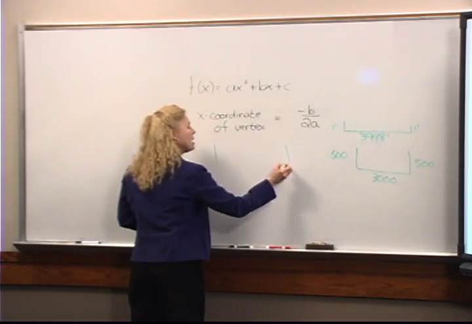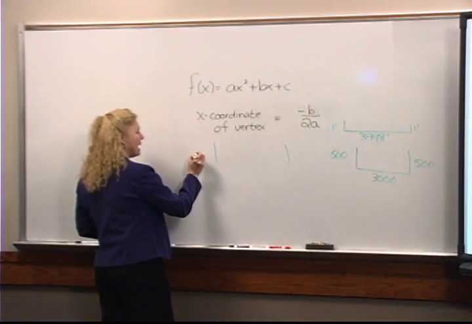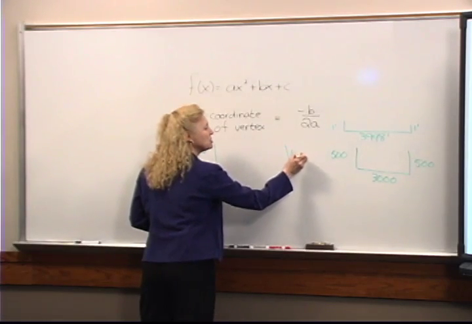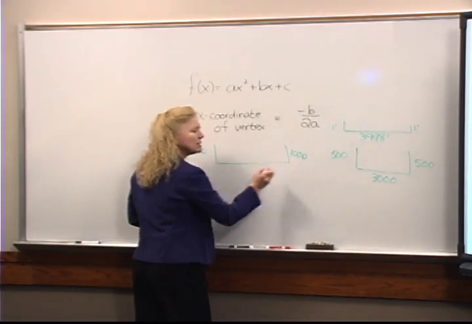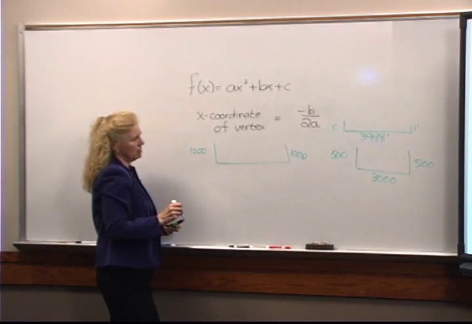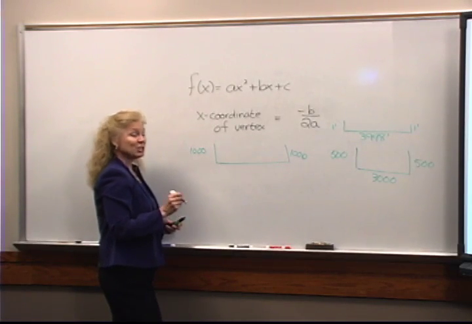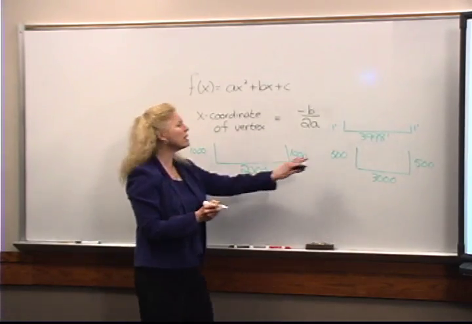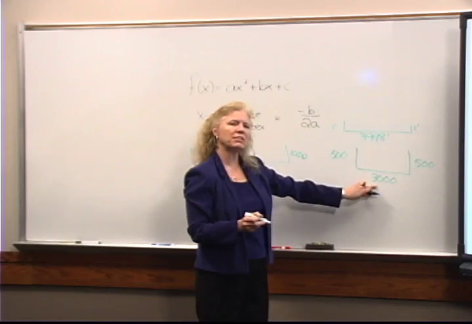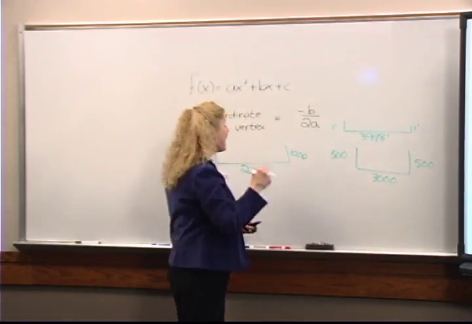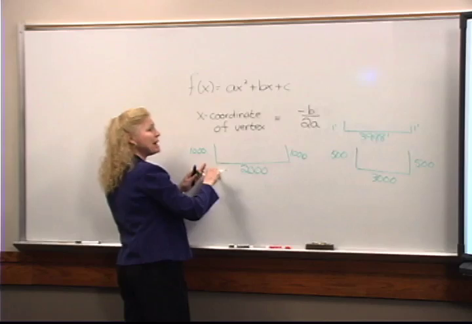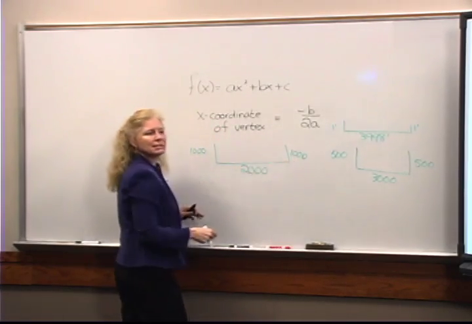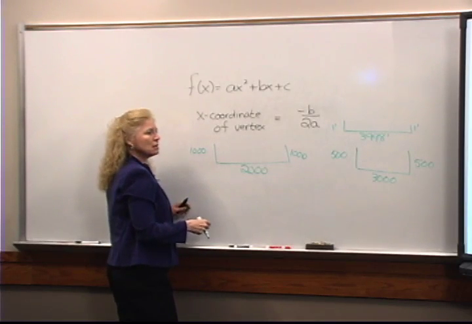What if I put, let's say, 1,000 meters and 1,000 meters? Then how long is this side going to be? Isn't it 2,000? Now, by the way, how am I getting the 2,000? Do you know how I got the 3,000? Well, I got them because all combined, he's got 4,000 meters, and these two have to be the same, right?